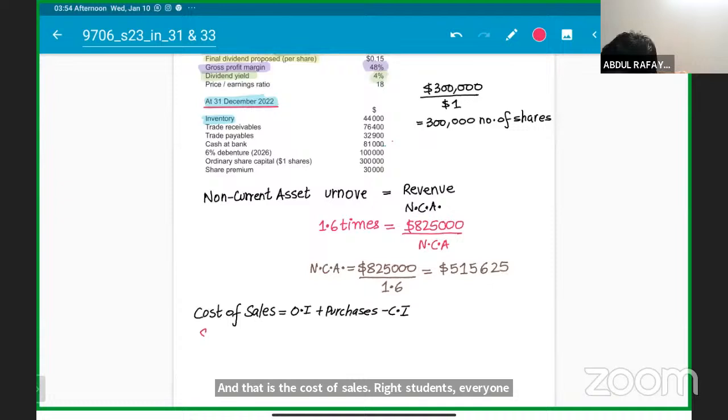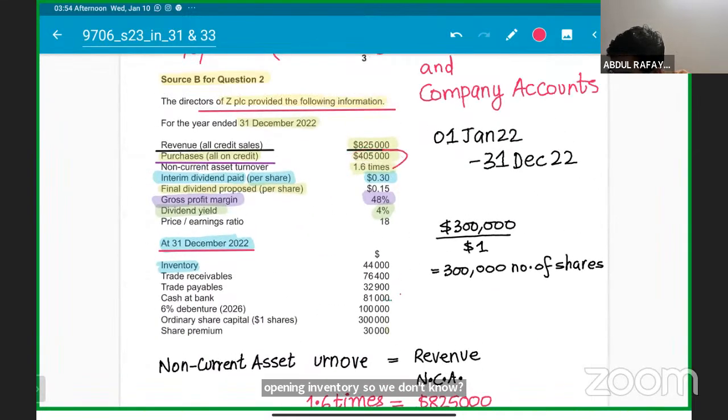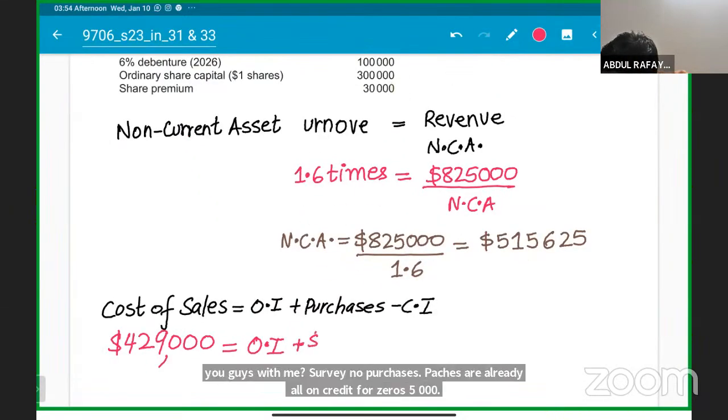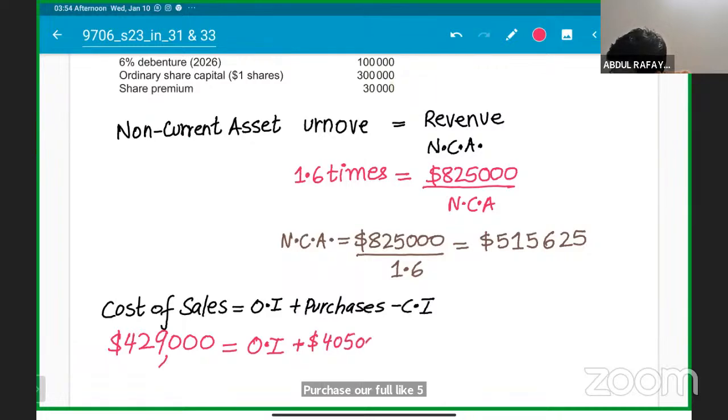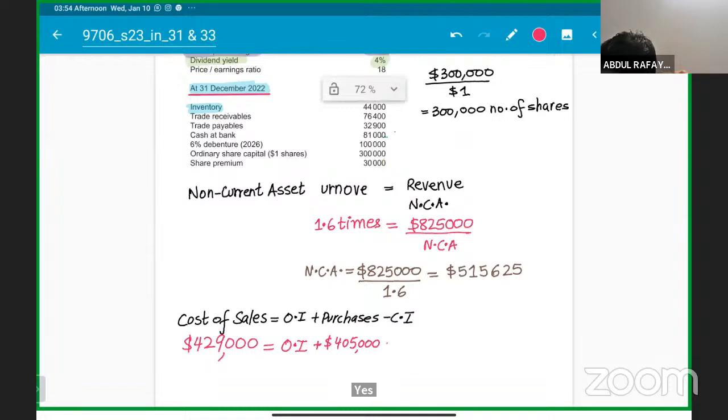So we have just found out that the cost of sales is 429,000, right? What is opening inventory? We don't know. We know purchases. Purchases are already all on credit, 405,000. And we already know that the closing inventory is basically 44,000.